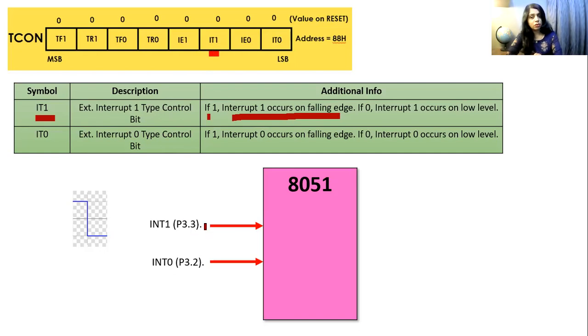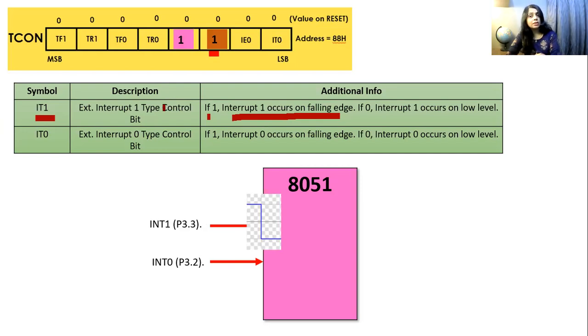That means if IT1 is 1, again for the same pin, whatever I explained earlier, if the IT1 bit of the TCON register is 1, and if there is a falling edge on the INT1 pin, then IE1 will be set to 1. See what happened? If IT1 is 1, and if this kind of pulse appears on INT1, then this IE1 will be set to 1.